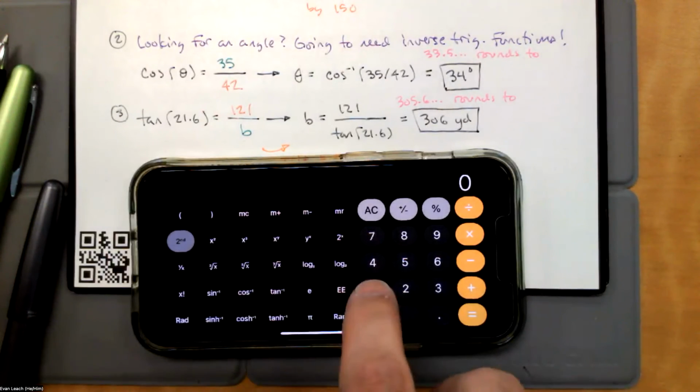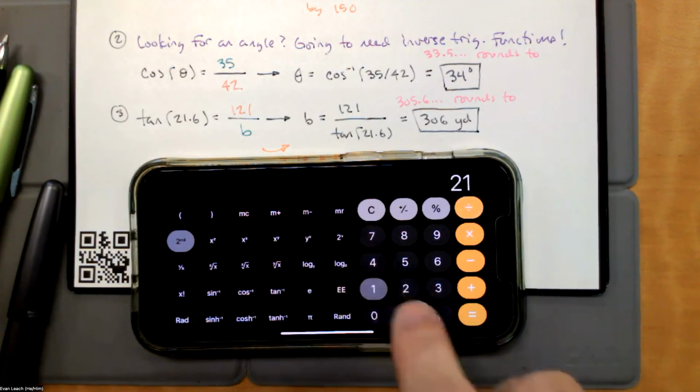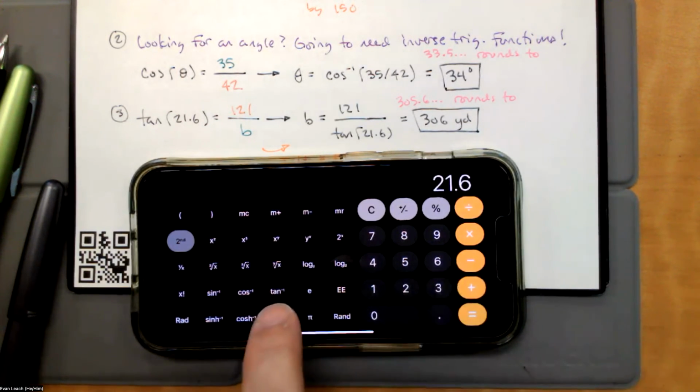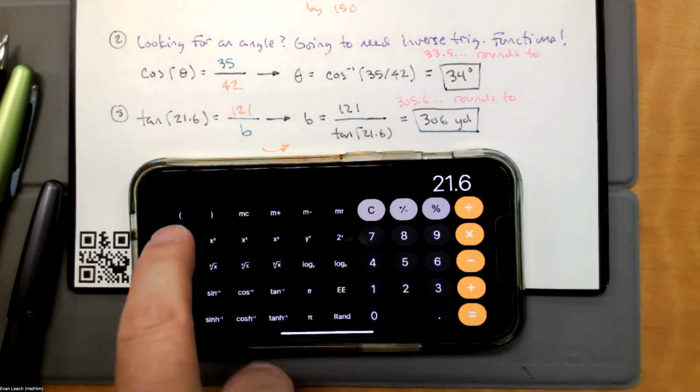I can start off by saying 121 divided by, but I can't hit tangent yet, even though that's how we say it, because I'd be trying to take the tangent of 121. I want the tangent of 21.6, so that's what I have to put in next. Also notice that the second is still on, so it says tangent inverse. I don't want that, so I have to turn the second off.